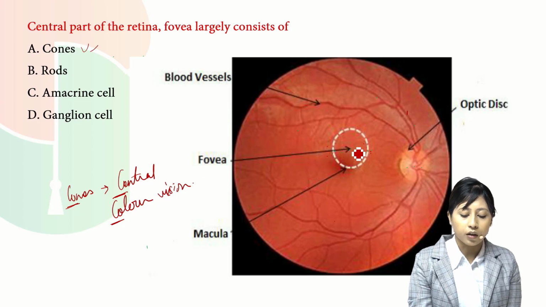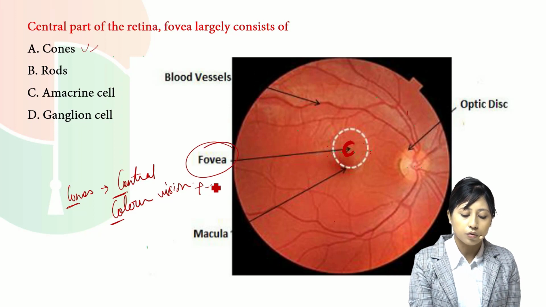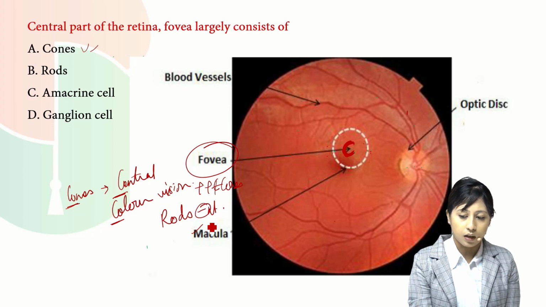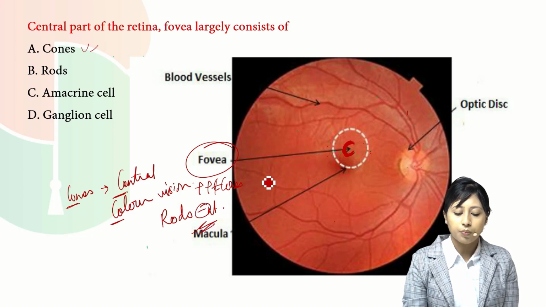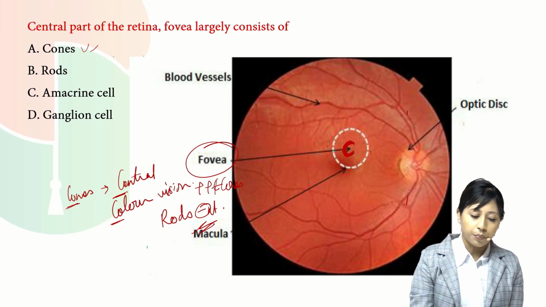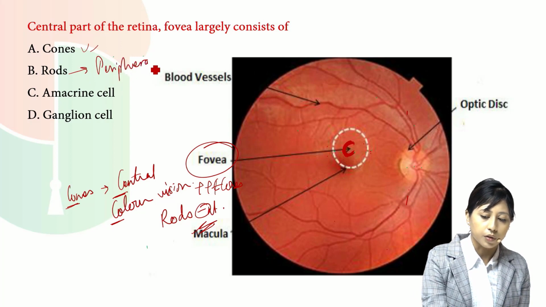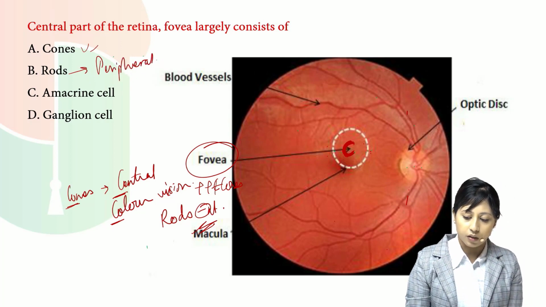In the fovea, cones are present. The fovea centralis is very rich in cones, but rods are absent in the fovea. In the peripheral part, rods are present. Rods are responsible for peripheral vision.